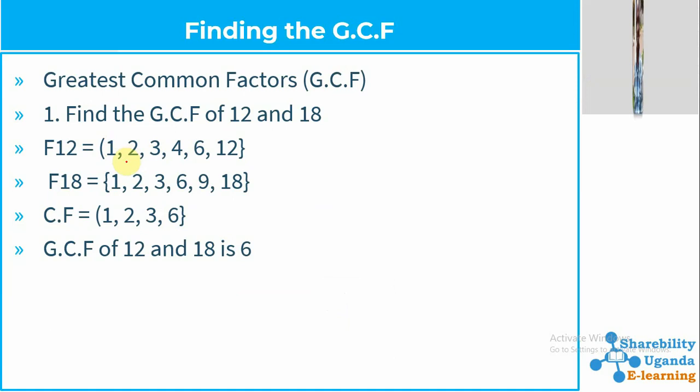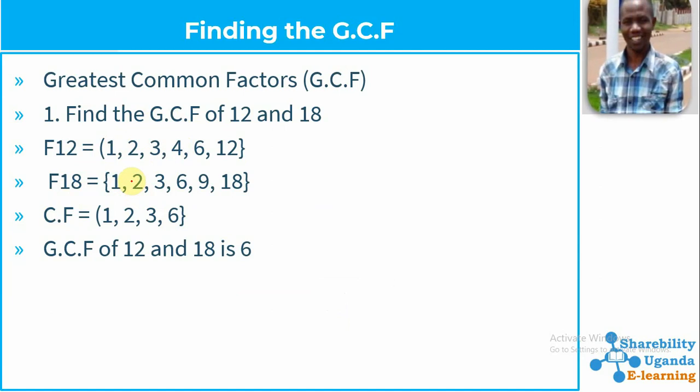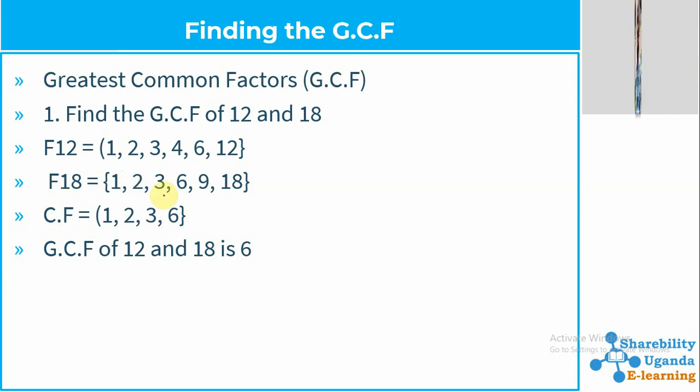Then after getting all the factors, we compare which one is the greatest and common. Greatest and common simply means it should be common within all the factors. Then we can identify the greatest common factor.